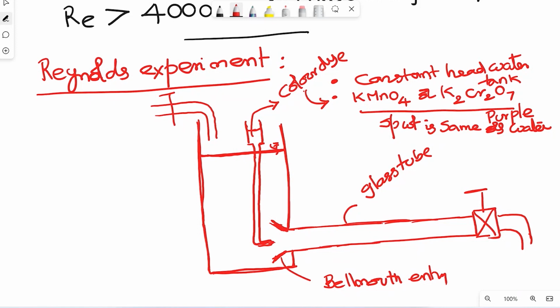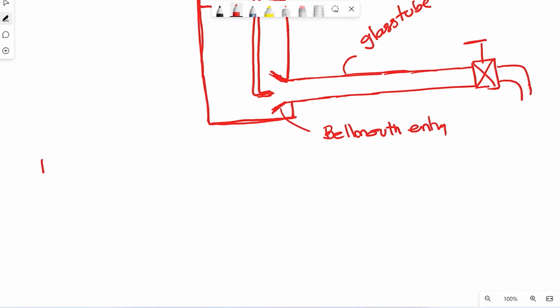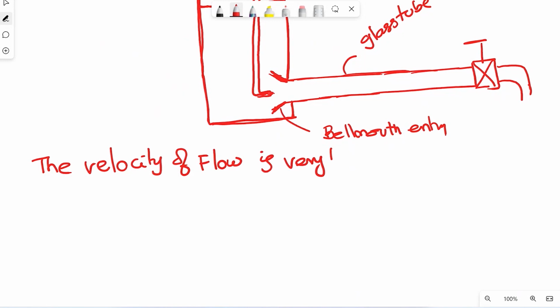Then initially the velocity is very low. The first condition is that the velocity of flow is very less. How do I maintain the velocity of flow as very less? By regulating this valve.